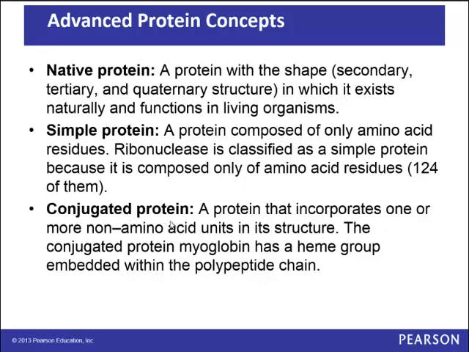So a conjugated protein is a protein that also incorporates 1 or more non-amino acid units within its structure. So the conjugated protein may have a functional group or a small organic molecule that it might bind to that helps it do its functional activity. So both the myoglobin protein and the hemoglobin protein are going to be very good examples of conjugated proteins.